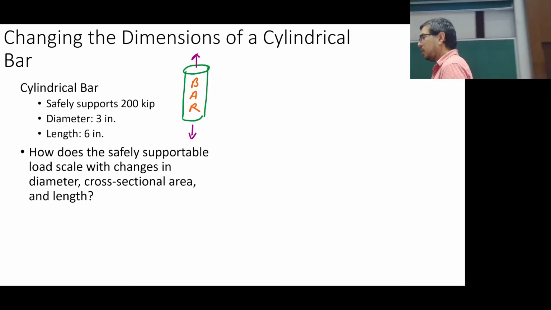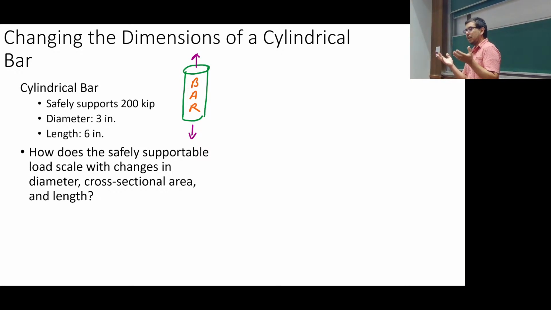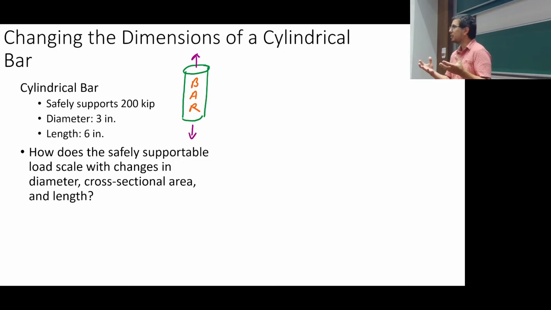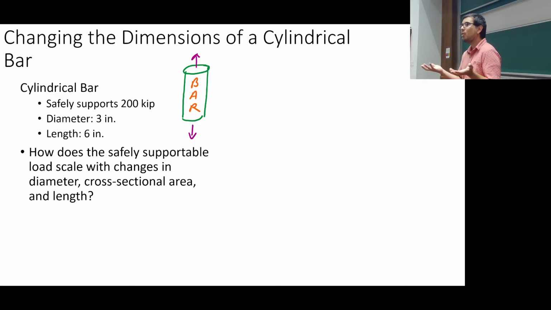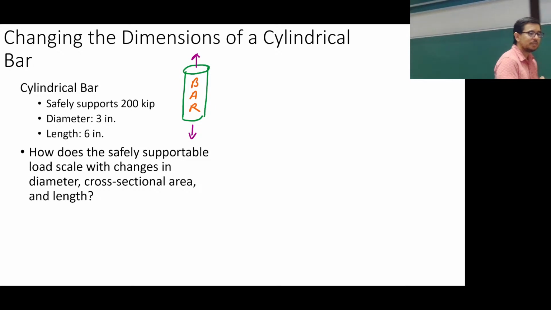Before you even come up with the scaling law, if I make the diameter of a bar larger, if I make the strut fatter, it's going to hold more or less? More, right? Okay, so we have that basic idea.